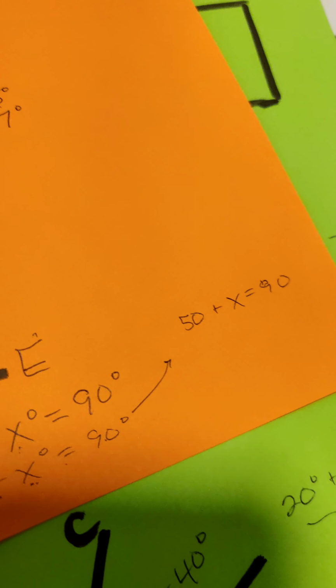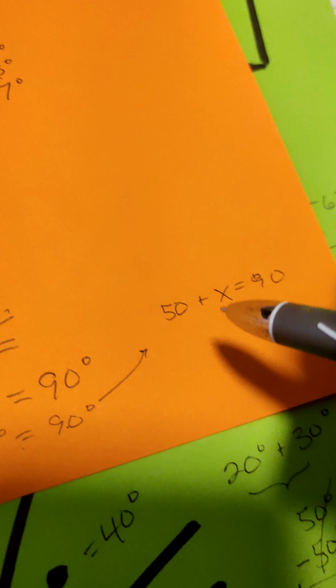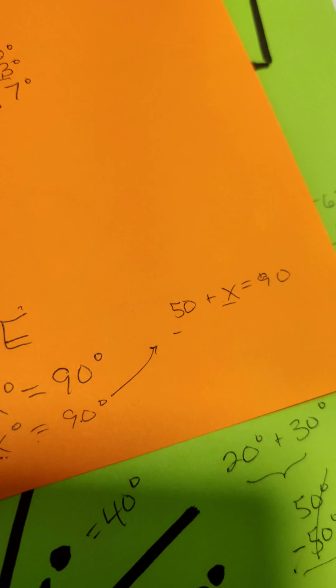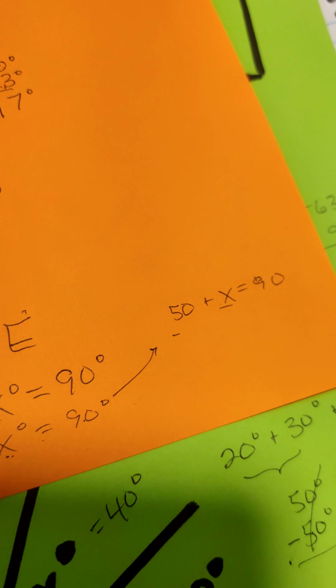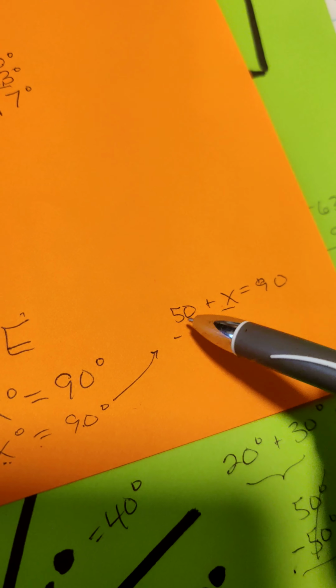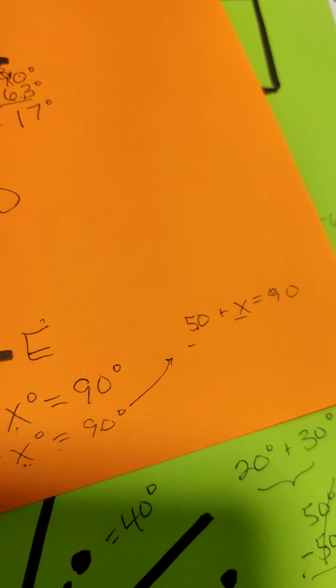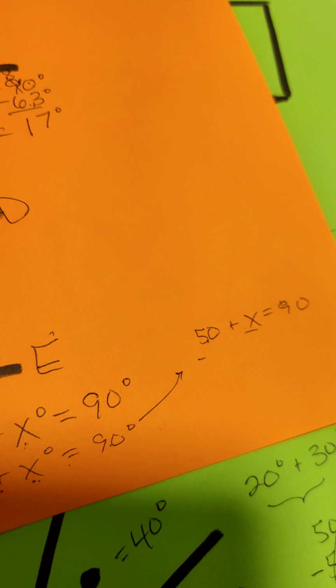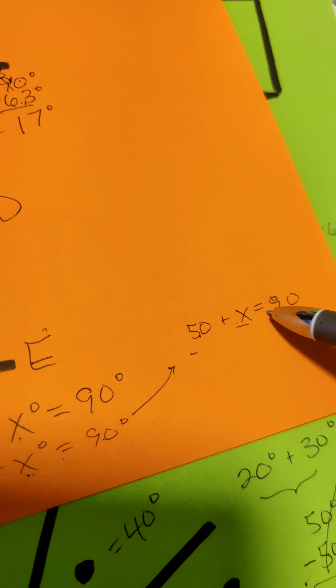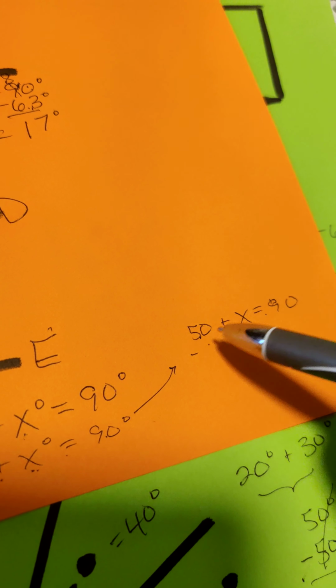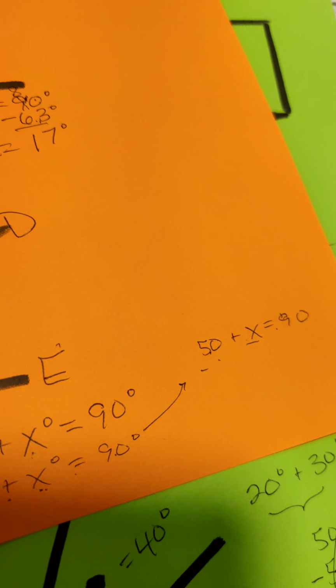What is x? The way we figure that out, once again, isolate x, get x by itself. X is not by itself yet because this 50 is here. So we need to get rid of it. And when we get rid of it, we do it in a balanced fashion so that there's equality here. This equal sign tells you that whatever you do to one side, you have to do to the other side to maintain equality.